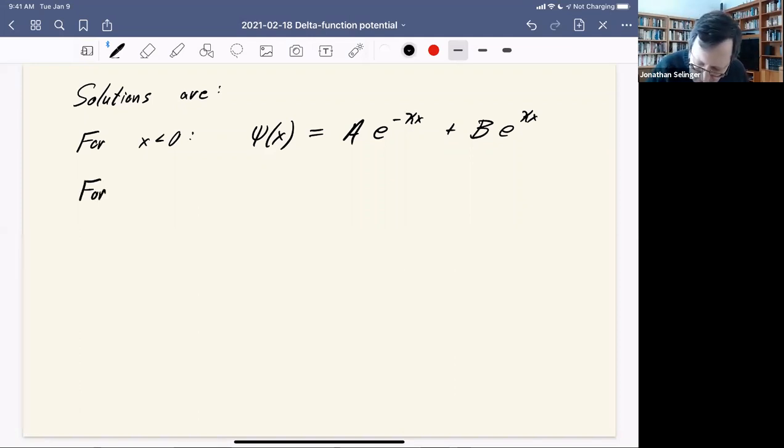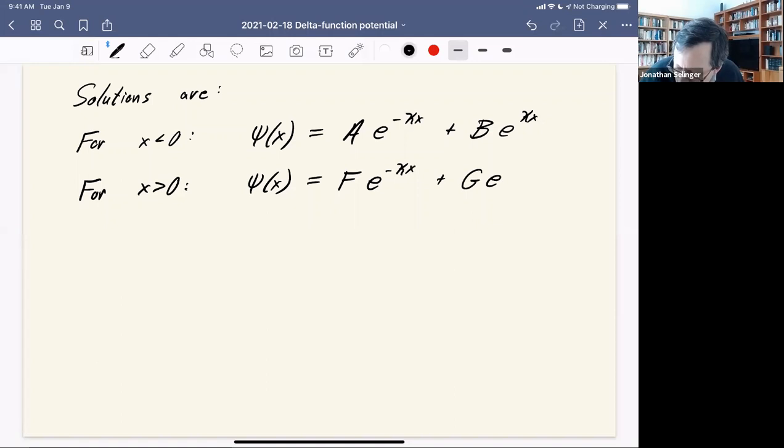And for x positive, it's the same kind of functions, but there might be different coefficients in front of them. So I'm going to copy from the book, and the book uses the letters F for e to the minus kappa x plus G e to the kappa x. Okay, so these are the most general solutions of the time-independent Schrodinger equation for negative x and positive x.